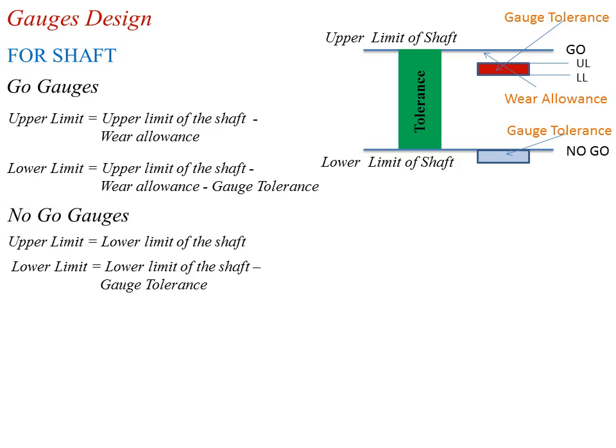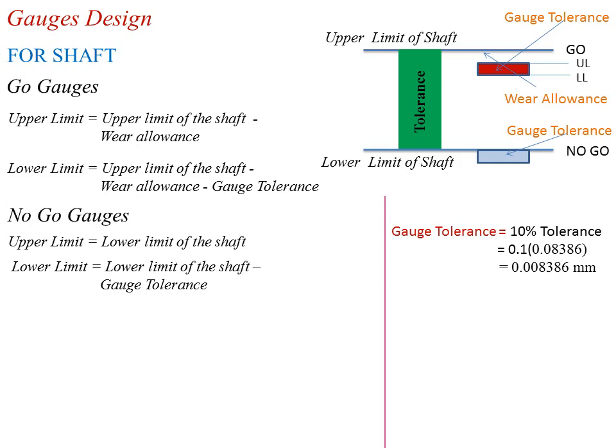So first we have to determine the wear allowance as well as the gauge tolerance. That is, the gauge tolerance equals 10% of the working tolerance. Previously we determined the working tolerance for the shaft is IT9. That IT9 value equals 0.08386 mm. So here the gauge tolerance equals 10% of the working tolerance, which is 0.008386 mm.